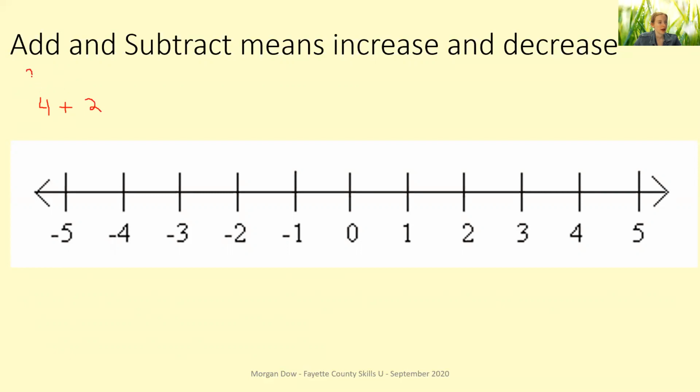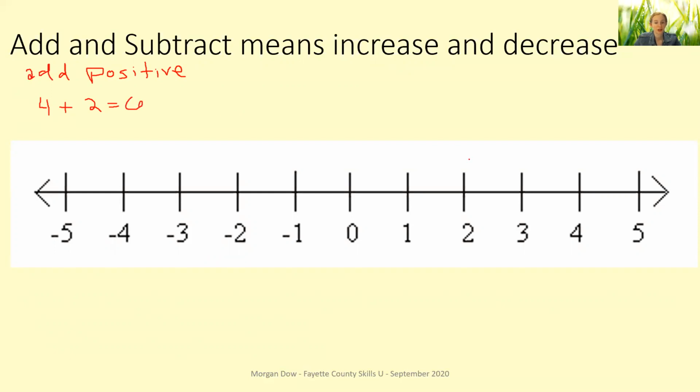So here I am adding a positive number to my starting point. That's what I have done 1,000 million times in my life. So 4 plus 2, what does that equal? It is equal to 6, right? 4 plus 2 is 6.